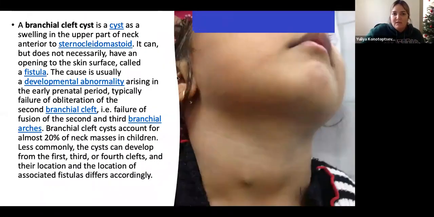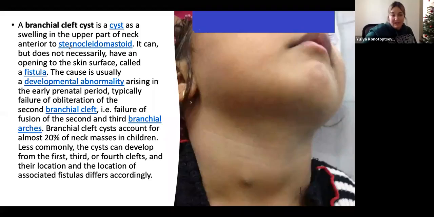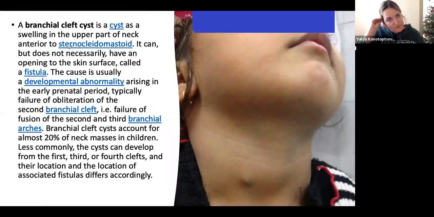Another abnormality is the branchial cleft cyst. Branchial cleft cyst is a remnant of the second, third, and fourth pharyngeal clefts. You remember in the beginning of this lesson, we discussed that out of the 4 clefts that we have on the lateral surface, only the first one stays as your external auditory meatus.